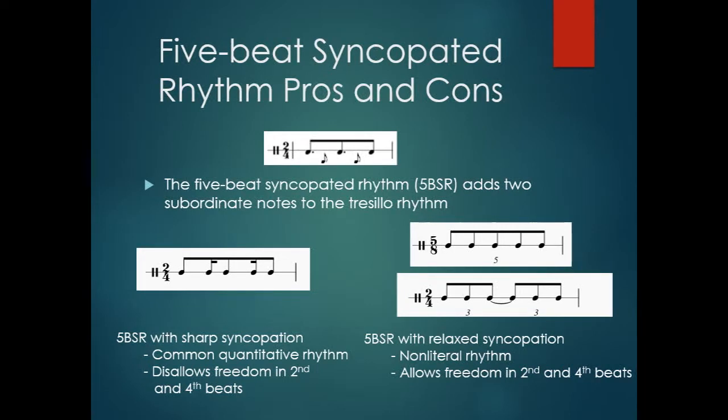And just to review the sharp syncopation and the relaxed syncopation, the cinquillo rhythm is a counted rhythm or quantitative rhythm and does not allow fluctuation of the 2nd and 4th beats.